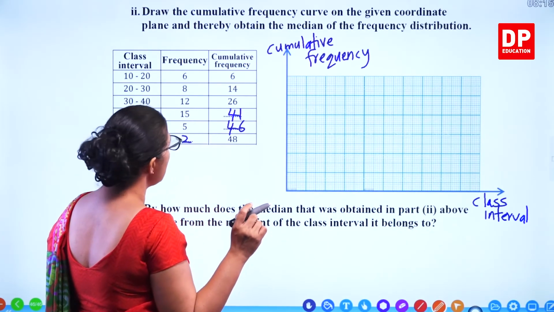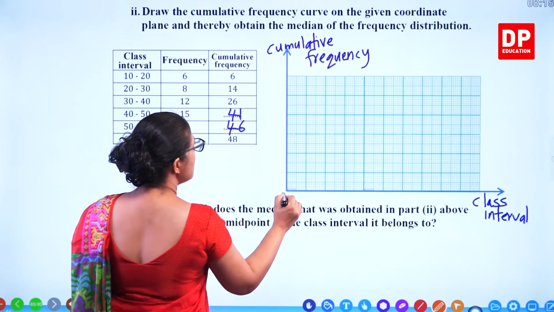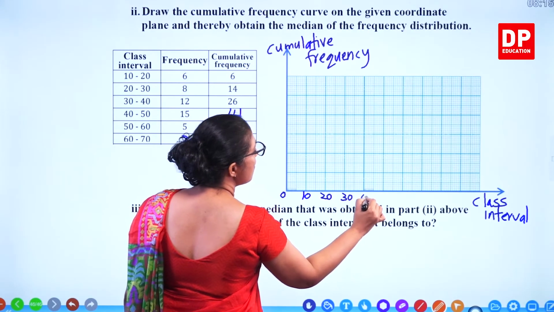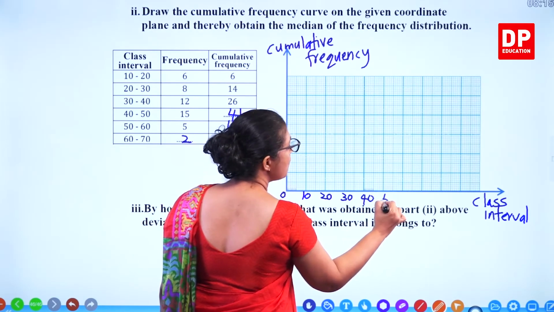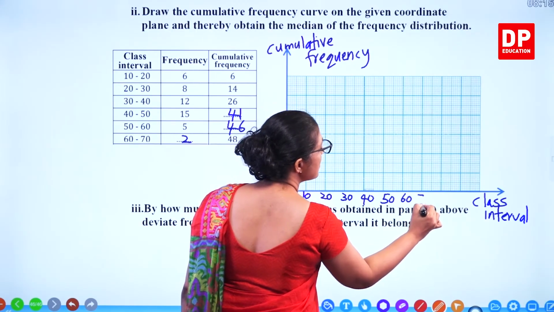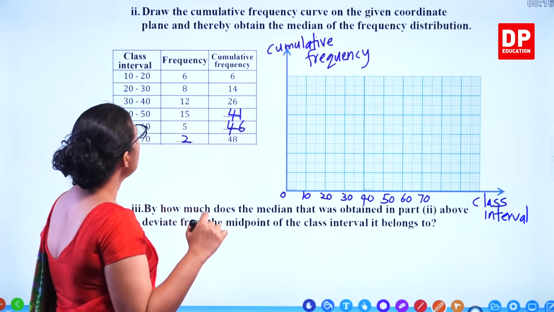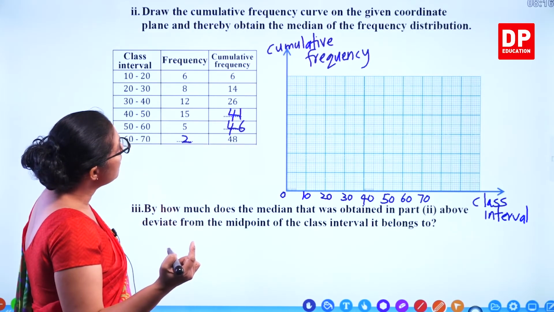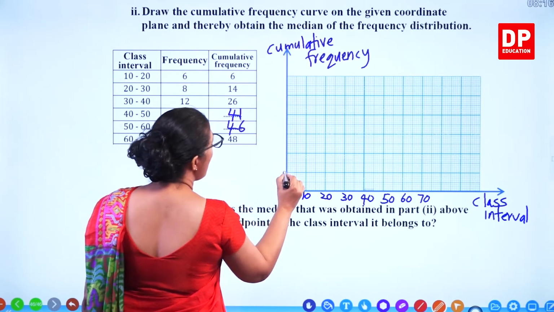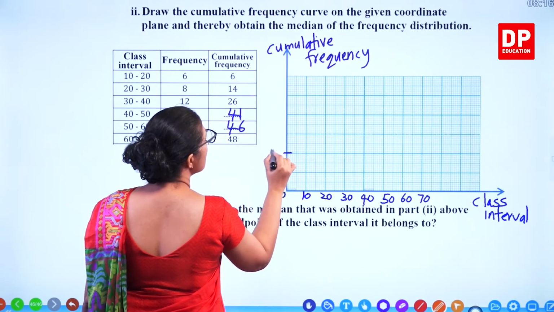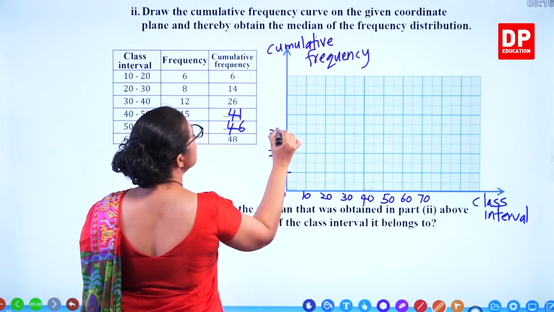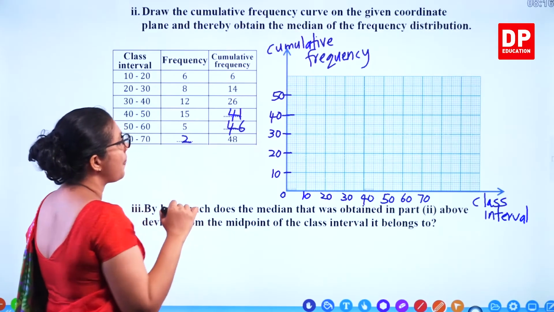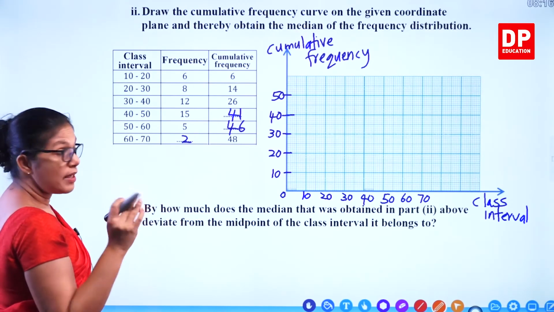Starting from 0, 10, 20, 30, 40, 50, 60, 70, up to 70. And here cumulative frequency 48 is the maximum value. So how can we divide? 10 small squares for 10 units here: 10, 20, 30, 40, 50. Now the scale is okay. Now we can mark.